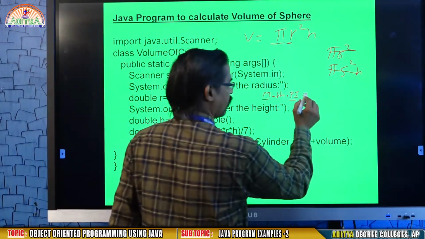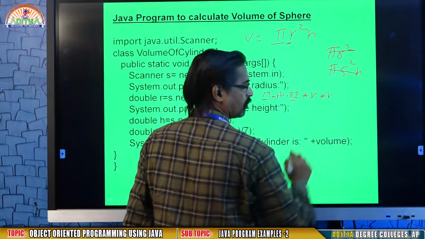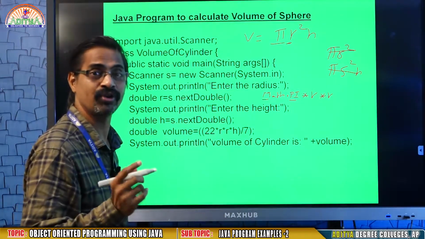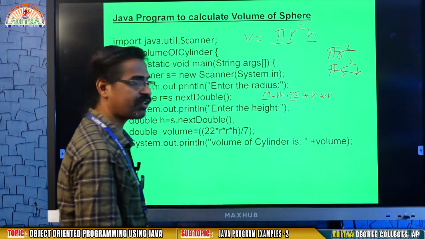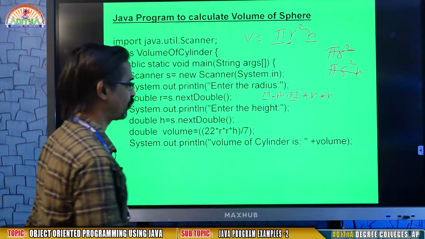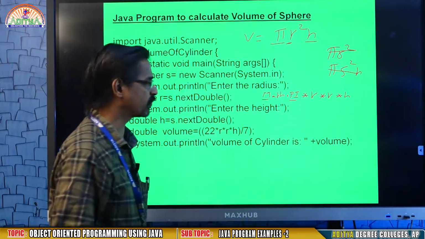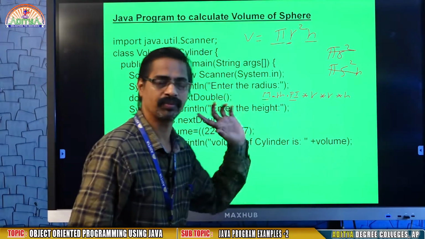Then I have to read into r. It is not possible to write r square directly, you have to write r into r, or you may use the pow function. Then I require height. Height is also an input, I have to read it now. So into h. This is the formula you are writing. Then you get your answer, volume, and you are going to print your volume.